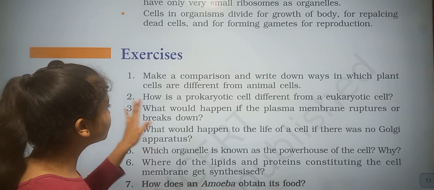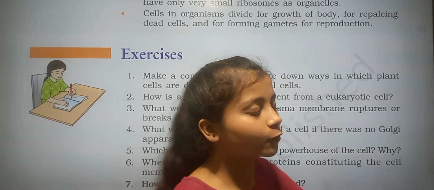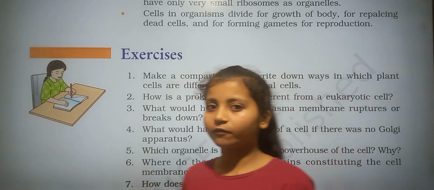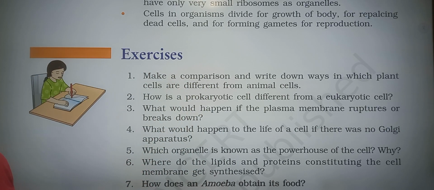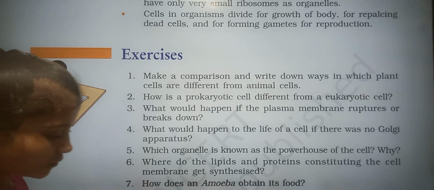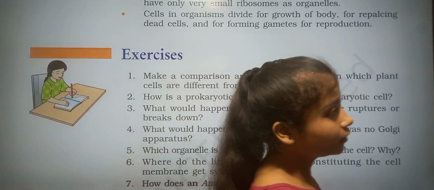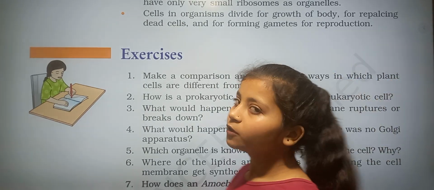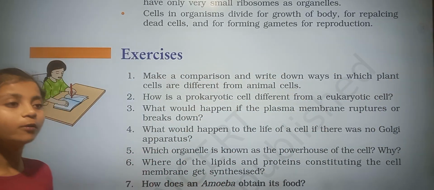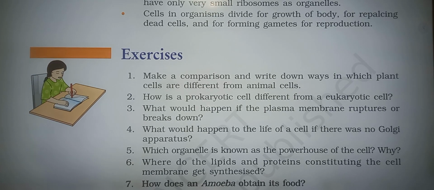The second question is, how is a prokaryotic cell different from a eukaryotic cell? Write 2-3 differences between prokaryotic and eukaryotic cells. Prokaryotic cells have no membrane-bound organelles, and the nucleus is not present. In eukaryotic cells the nucleus is present, and membrane-bound organelles are also present.